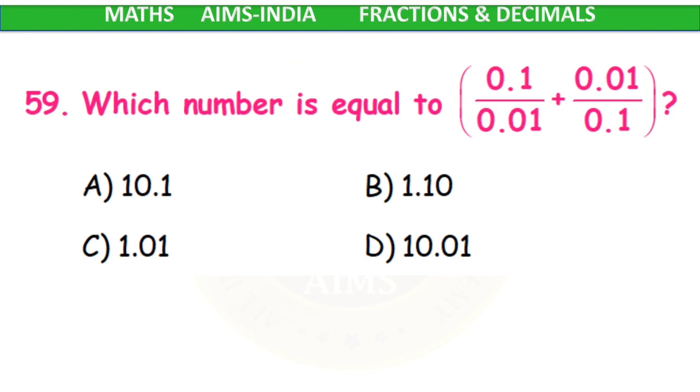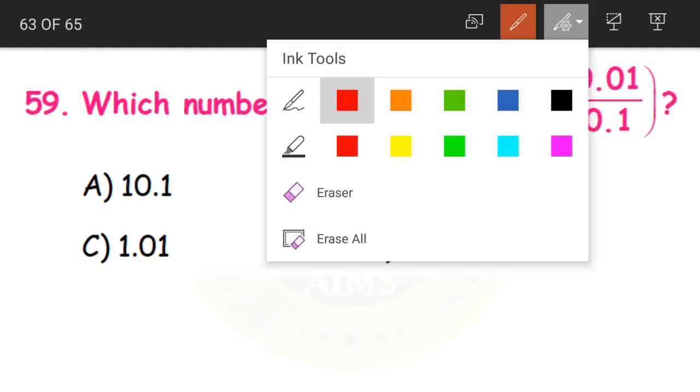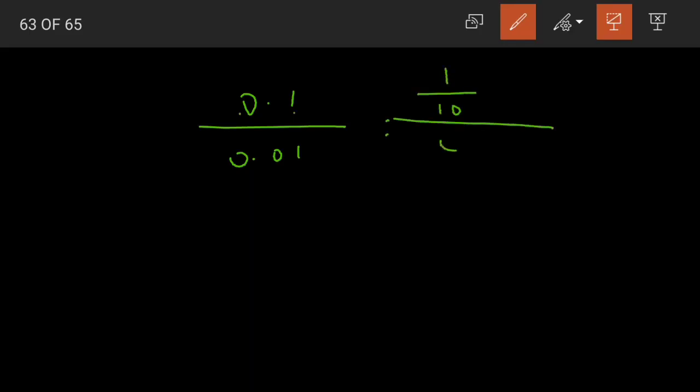Which number is equal to? We are having a fraction which consists of decimal numbers here. It's a little bit complicated. If we take the first fraction, 0.1 divided by 0.01. Yes, first let us convert it into fractions.